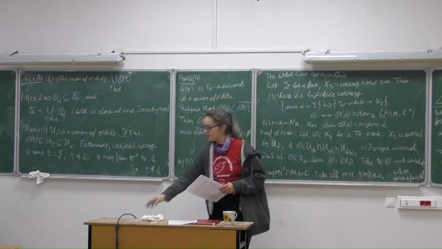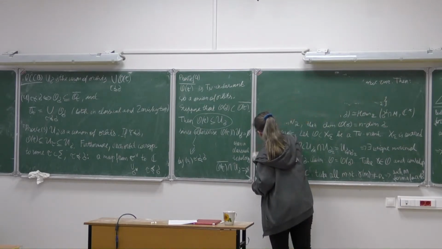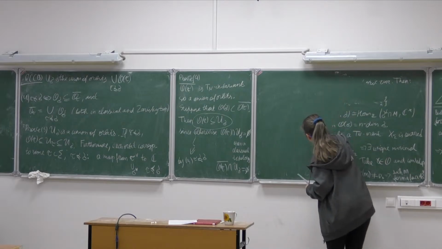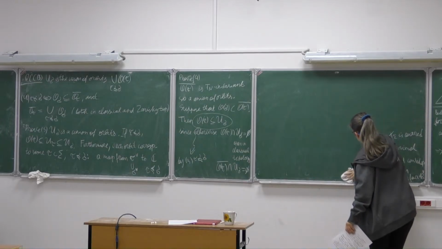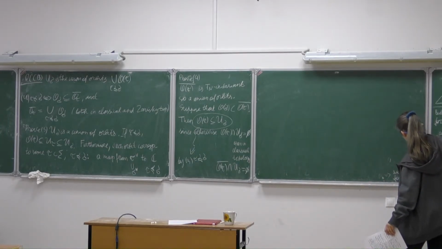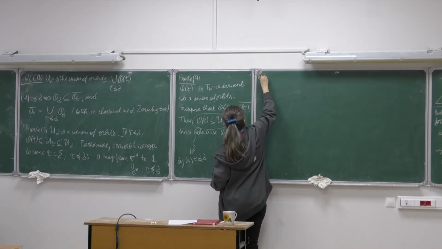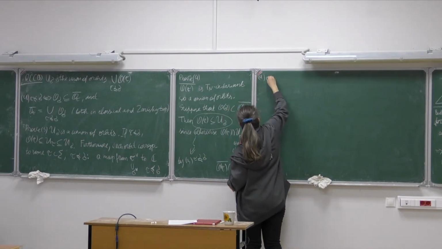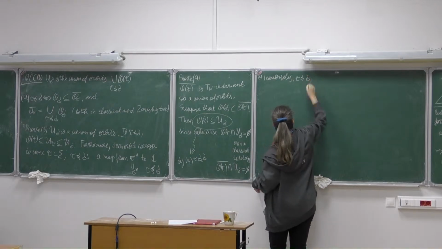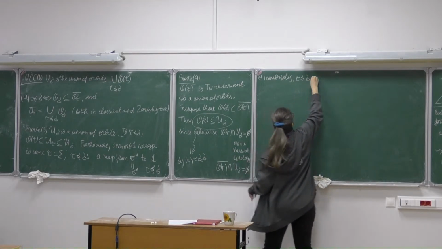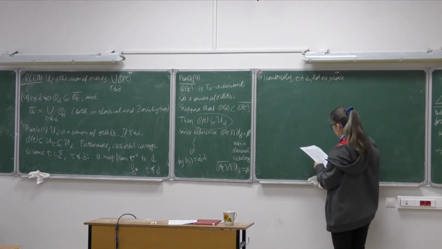I will erase points 1 and 2. So tau is a face of sigma. For this we will use limit points.